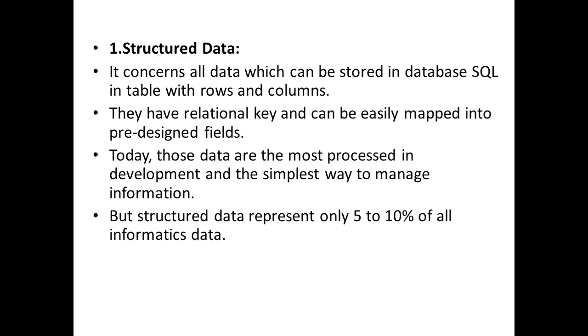That is, it is simply a table format. So they have a relational key and can be mapped into pre-designed fields. Today, those data are the most processed in development and the simplest way to manage information because they are already given in the proper format. But structured data represent only 5 to 10% of all the informatics data.